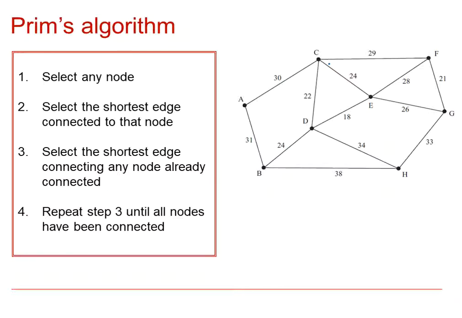So here I'm going to start with node A, and we'll see what happens. So the shortest edge I can connect to A is 30. So that's A, C at 30. The shortest edge I can connect to A or C is the 22.